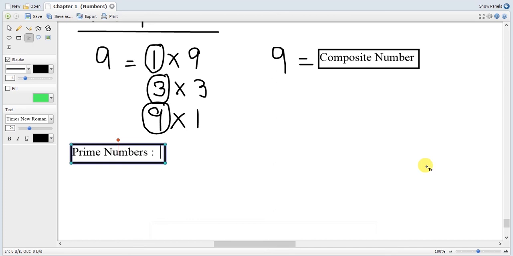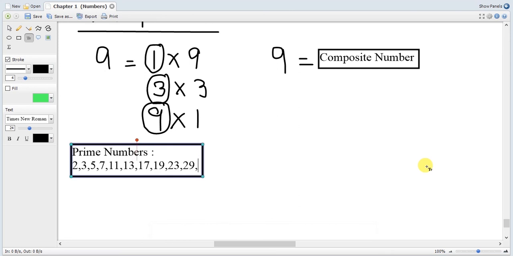Prime numbers are 2, 3, 5, 7. 9 is not a prime number. 11, 13, 15 is not a prime number. 16, 17, then we have 19, then 20, 21 is not a prime number. 22 is not a prime number. 23, 27, not 27, 29, then we have 31 and so on, right?